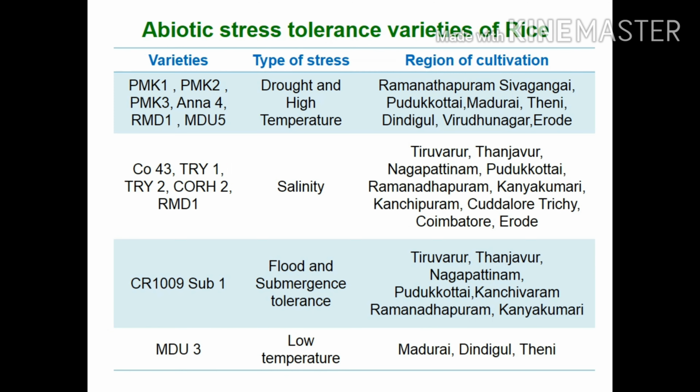The last part of this presentation is the different varieties that are tolerant to different abiotic stresses like drought, high temperature, salinity, flood and submergence, low temperature and so on, and rice varieties are furnished in this slide.